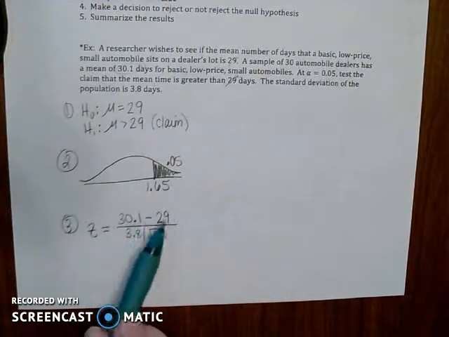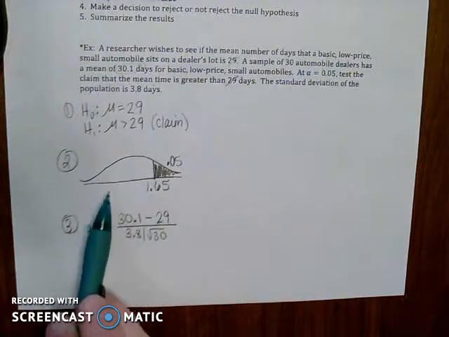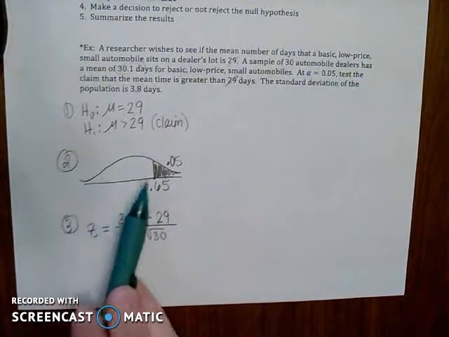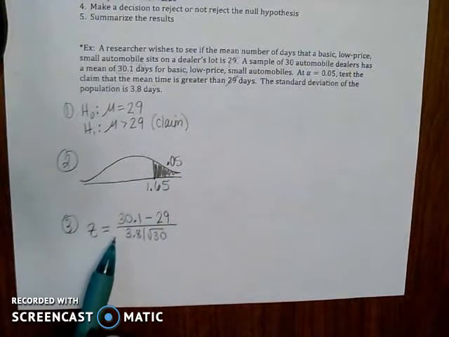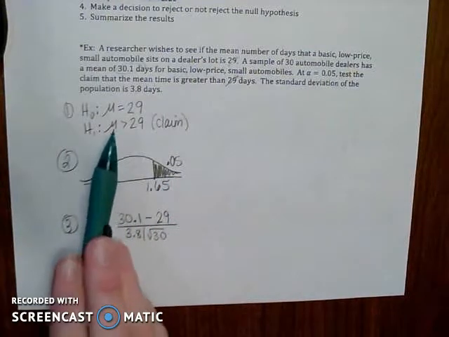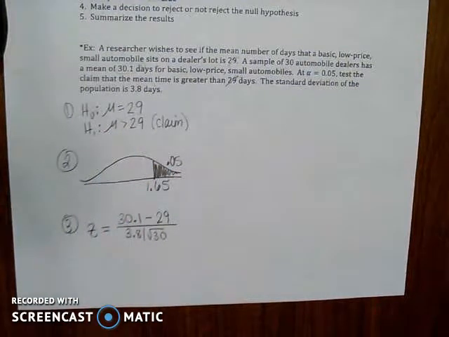Now, obviously, it is very important what order you subtract these in. If you would have put them in the opposite direction, you would get a negative number. If this is colored in on the right side, you should not get a negative number for your Z value.